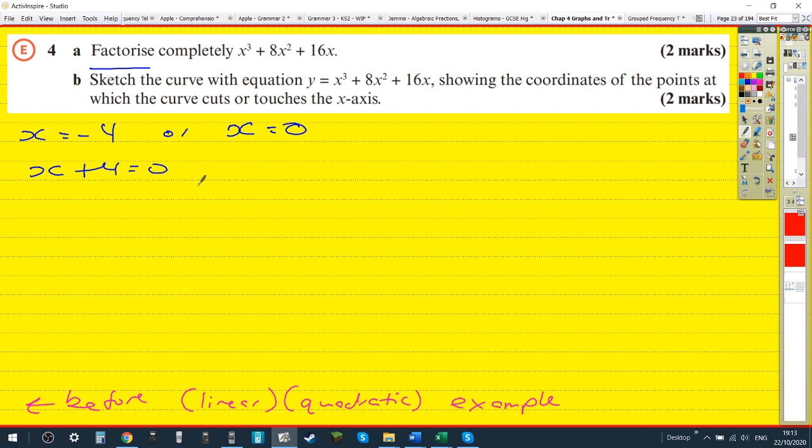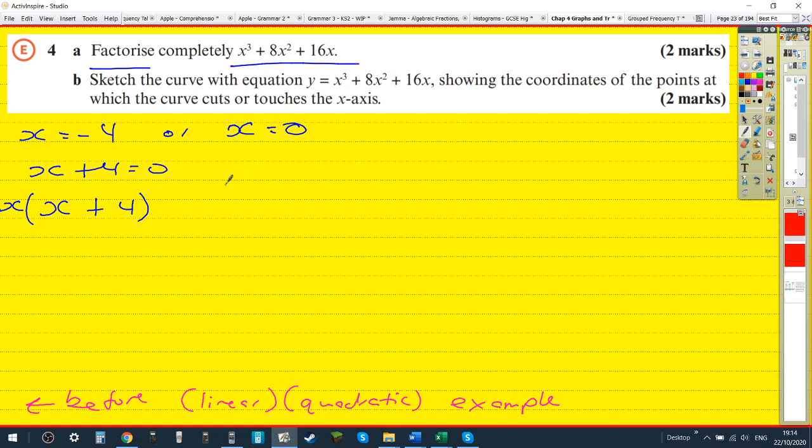So that means one of the brackets would be x plus 4. So you want the other bracket from the x equals 0. What would that one be? That would just be x. Yep, so I'll just put that at the front. x. So that gives us a quadratic.